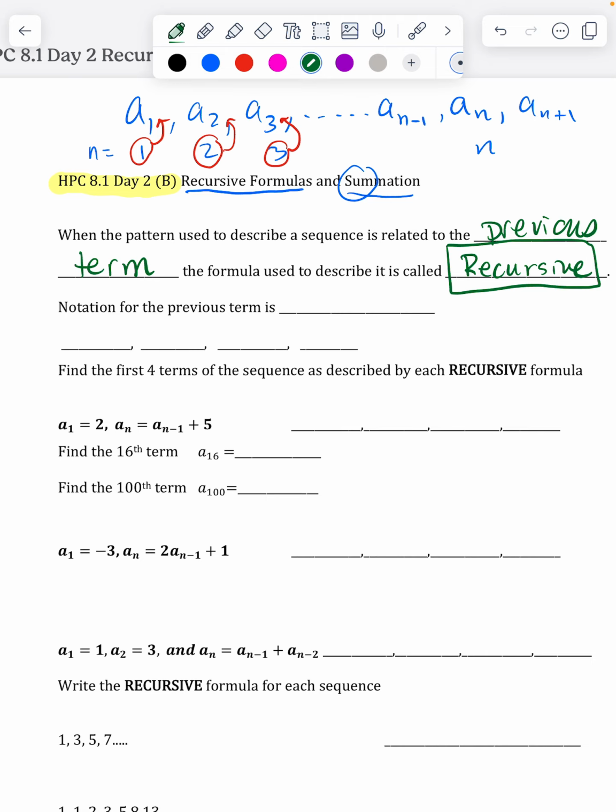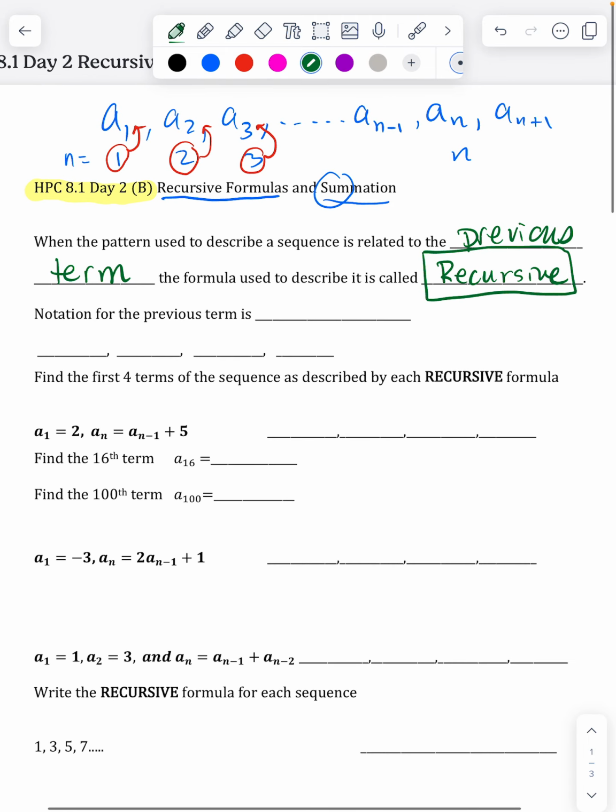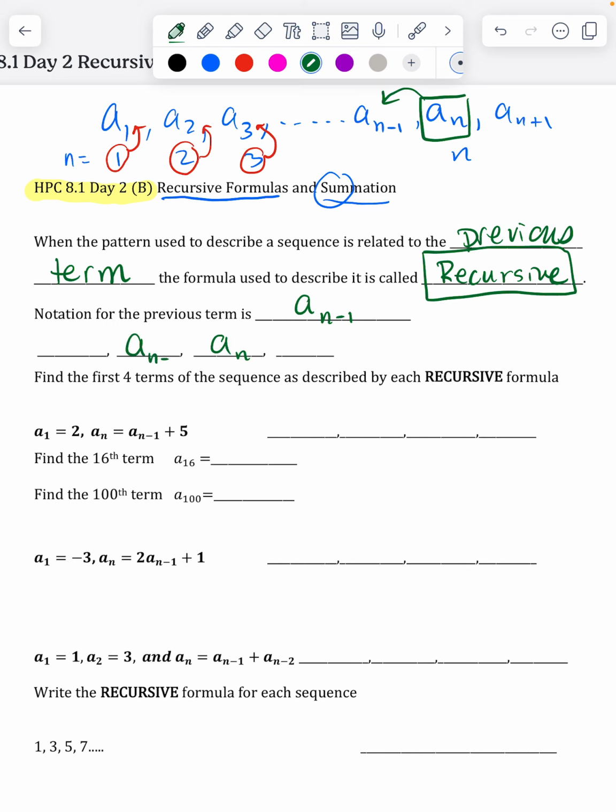So notation for the previous term, and we talked about this yesterday, is if you're trying to find A sub N, the previous term is A and then subscript N minus 1. You're saying take one step back. This is one step back, this is 2 steps back, this is one step forward, and if I had another one, I'd go one step forward from there.